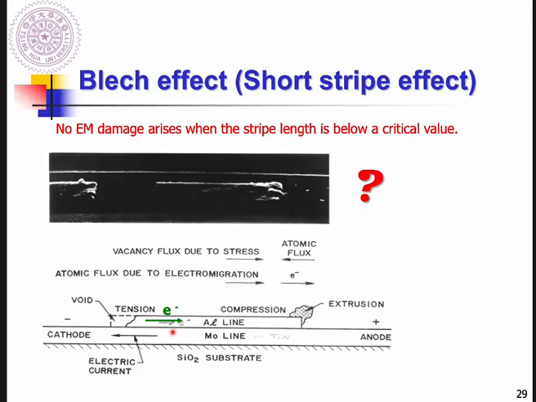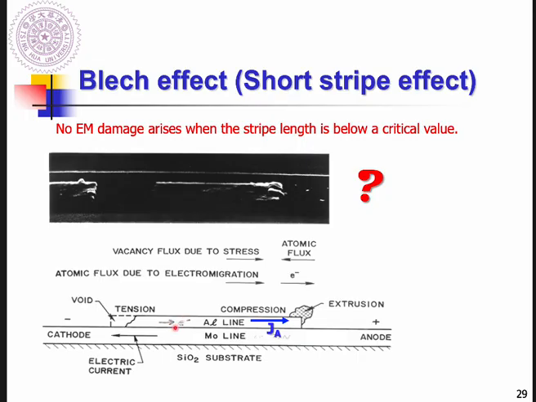But if you slowly increase the electron flow step by step, once it reaches certain conditions, this electron flow pushes the atoms and causes the atomic flux. This we call the alumina atomic flux.